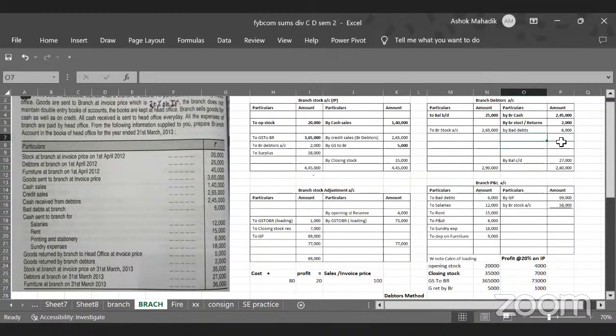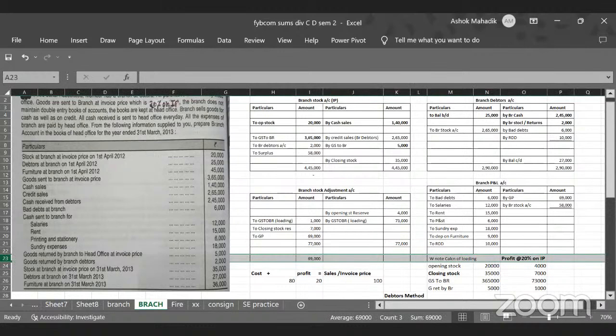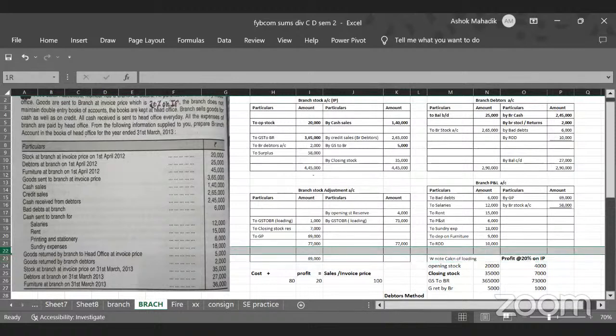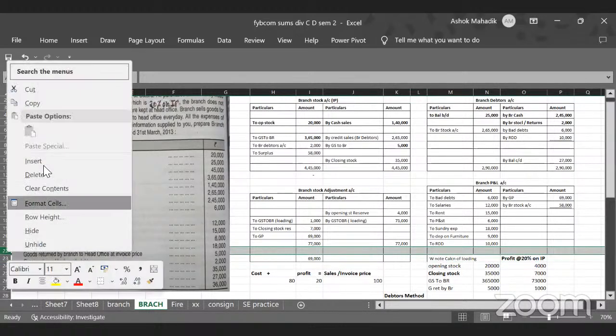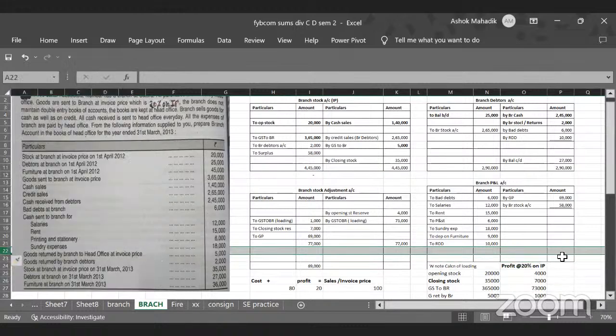We can write by RDD, 10,000, and it will be charged to P&L to RDD. Sometimes we may write it off as bad debt, but bad debt is already given, so we will not repeat the item. So instead, I have used it as RDD. I will close the account and see what is the difference. That will be your net profit. I'll just insert one more line here. So I'll close the account now.